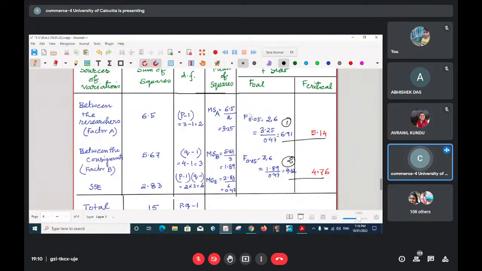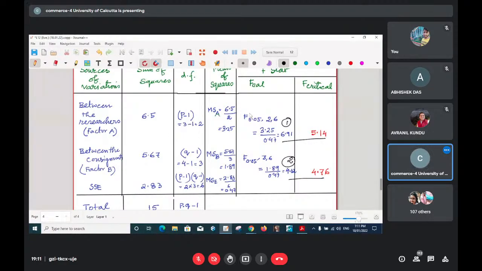So change the paragraph. If you look at the second value, the calculated value is 4.02 and the tabulated value is 4.76. Does it exceed or not? It does not exceed, which means the value remains in the acceptance region and does not fall in the rejection region. So 4.02 is less than 4.76, and my conclusion is that the null hypothesis is accepted.